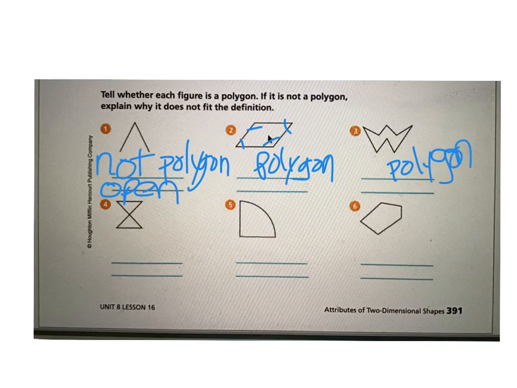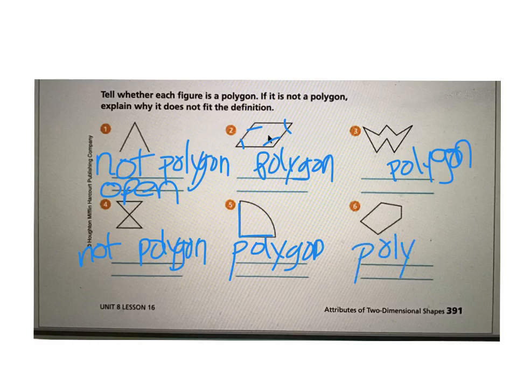What about number 4? No, not a polygon. Is number 5 a polygon? Yes, it's a polygon. Even though it has a curve, remember, it still has a line segment. And what about 6? Yes, this is a polygon.